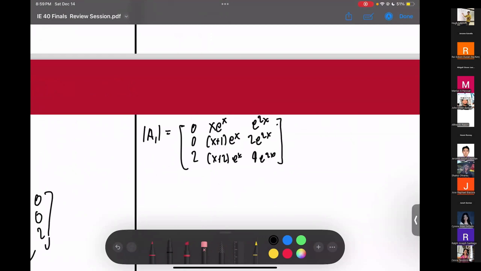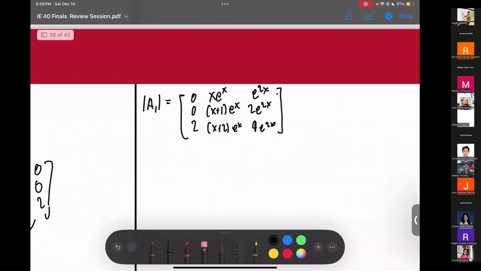So then I solved for the determinant of this. You will get x minus 1 e to the 3x. So that's a1. But again, you have to divide this by the determinant.